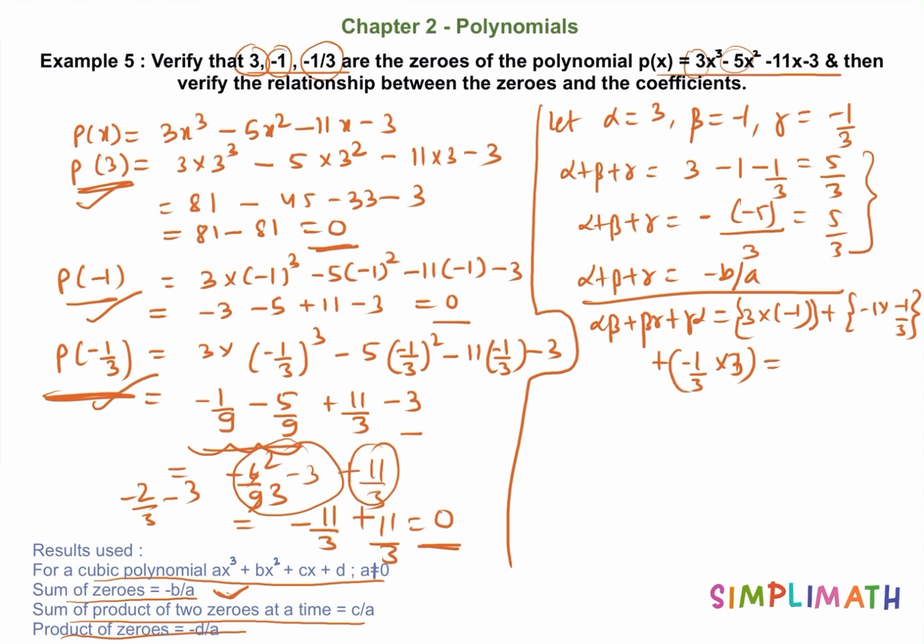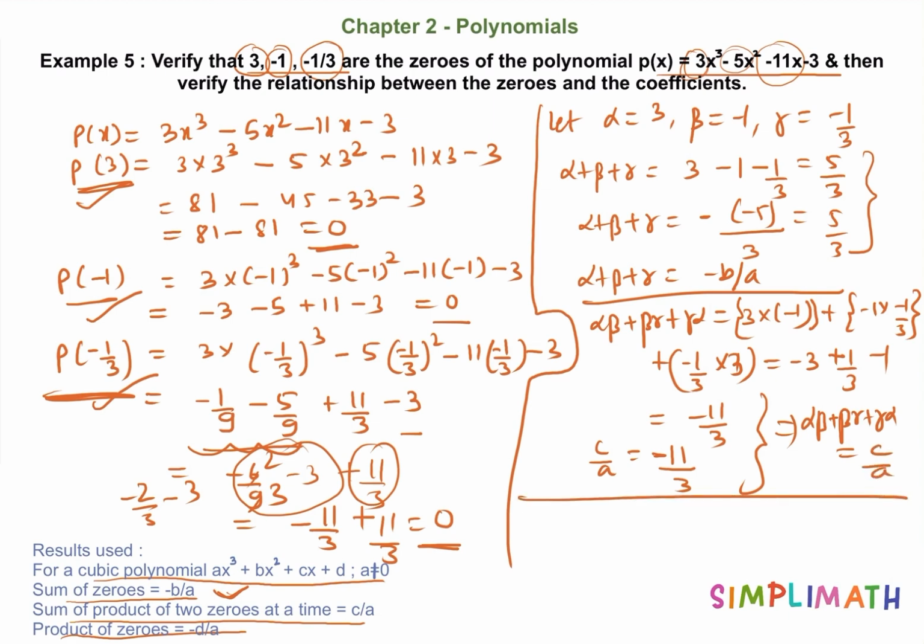Okay, so I can write this as minus 3 plus 1 by 3 minus 1. If we simplify it, we get minus 11 by 3. Now let us check c by a. What is c by a? c is the coefficient of x. So the coefficient of x is minus 11 and a is 3. So I can say from here alpha beta plus beta gamma plus gamma alpha equals c by a.